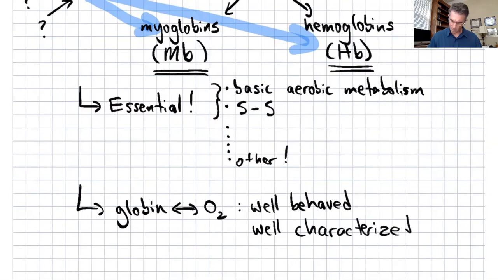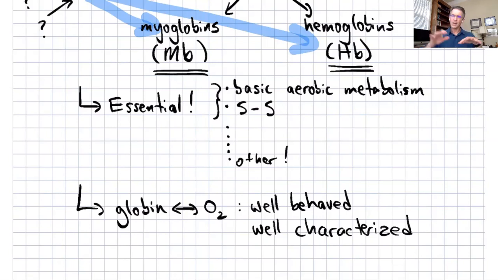It may be one of, or maybe the best understood example of a protein ligand interaction across a huge range of domains: structural, biophysical, biochemical. It's an incredibly well understood system. So it's a good place to start for trying to understand how this works.